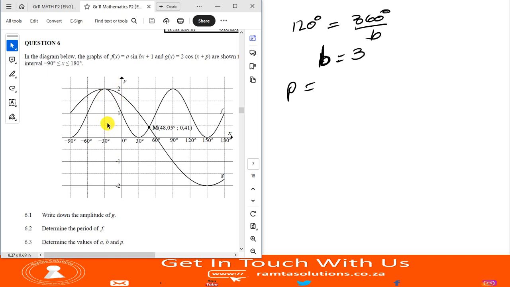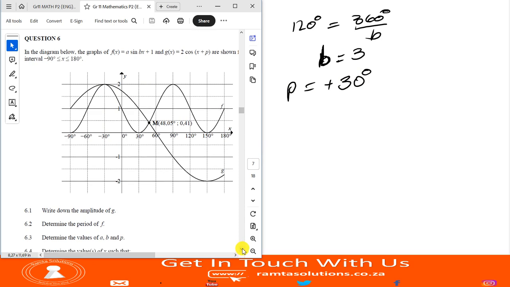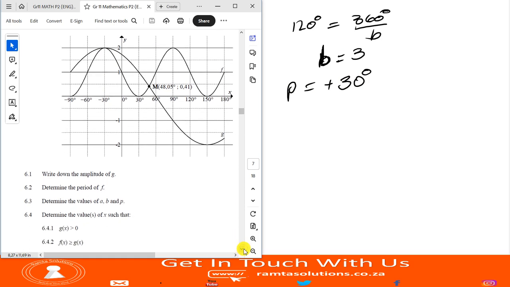So shifting to the left means P is positive. So this is positive 30 degrees. Right, perfect. Now we are done with 6.3.